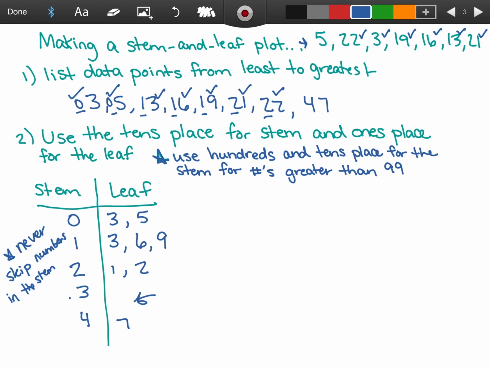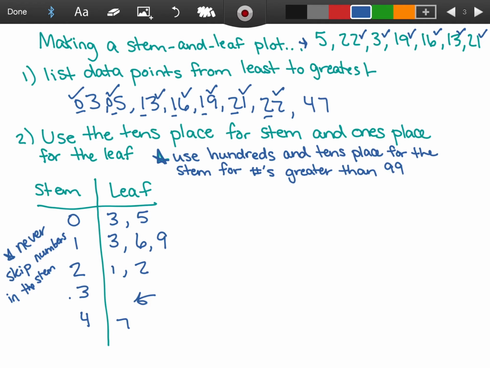As long as you remember that your ones place is the leaf and your tens place is the stem, or your tens and hundreds, depending on how big your numbers are, you should be good to go. The activity you'll do today will kind of walk you through it, and then there will be some videos you can watch too. So if you're still a little confused, it's okay. You can always come back and watch this video or look at some examples I post on Google Classroom.